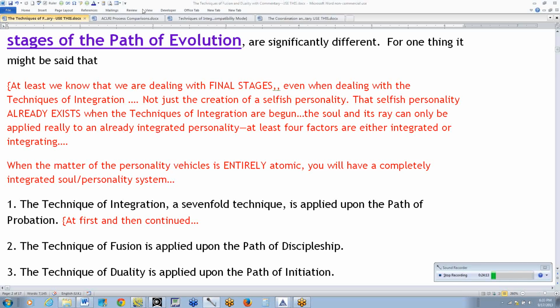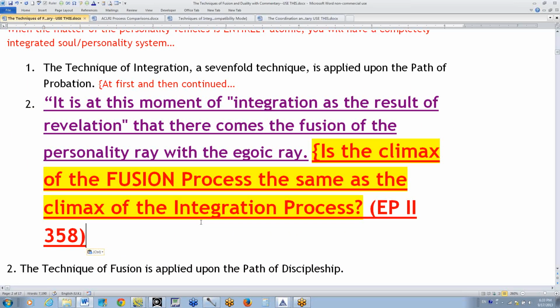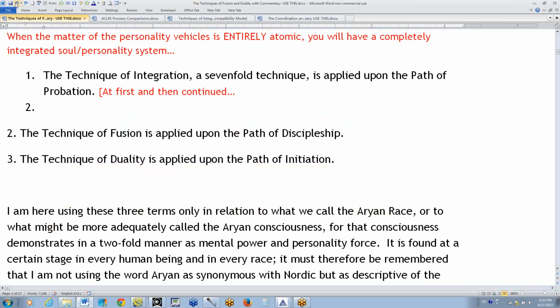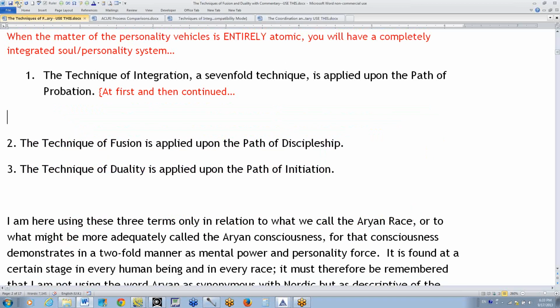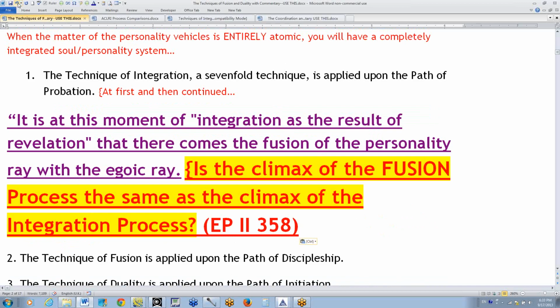So here is what I wanted to insert at this point. It's rather large, I realize. It is at this moment of integration as the result of revelation that there comes the fusion of the personality ray with the egoic ray.